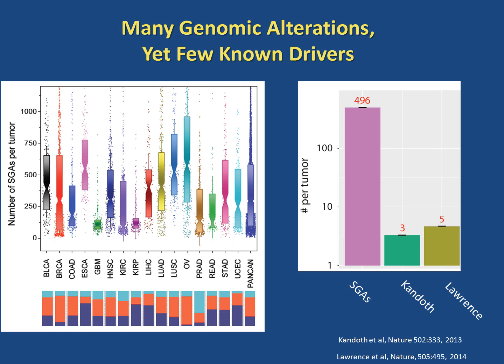But overall in cancers, you have hundreds of somatic genomic alterations. If you look at the consensus list of known drivers, though, and you took the intersection with all of these, you only end up with like 3 or 5 genes that are known to be drivers.